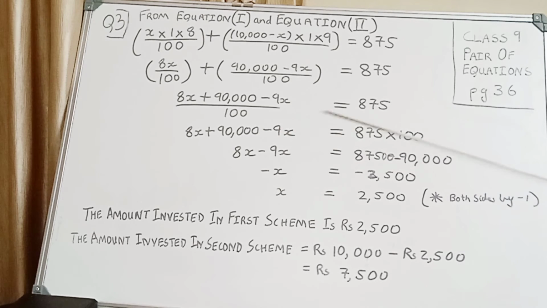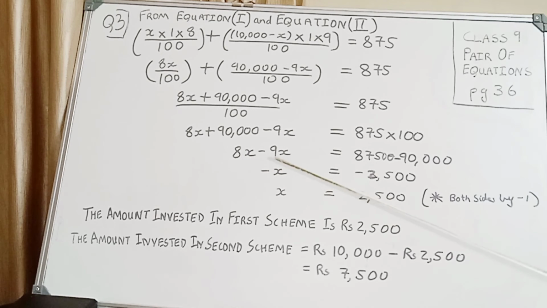Okay, so 875 into 100, you will get 87,500. So this 90,000 over here, when it is taken to the opposite side of the equation, the plus sign becomes minus sign. So 87,500 minus 90,000, and here 8X minus 9X.